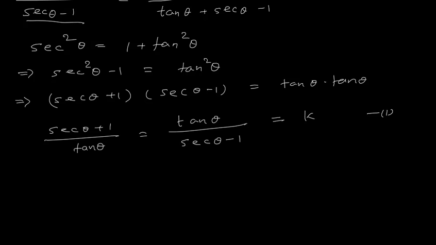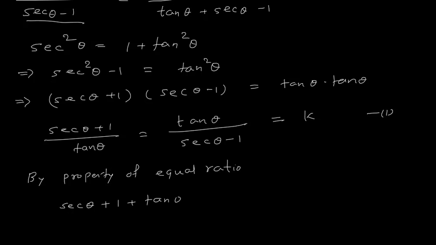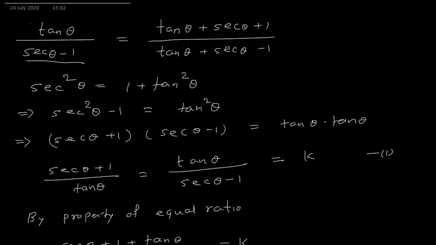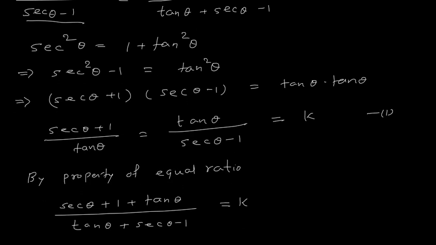So I will say that by property of equal ratio, I can say that sec theta plus 1 plus tan theta divided by tan theta plus sec theta minus 1, this will also be equal to k, right? What we have done in this ratio, I have added numerator with numerator and denominator with denominator.